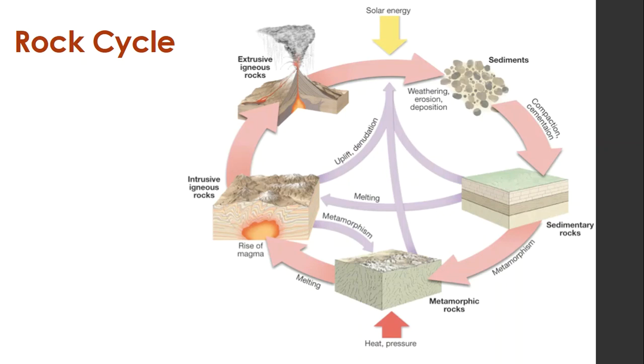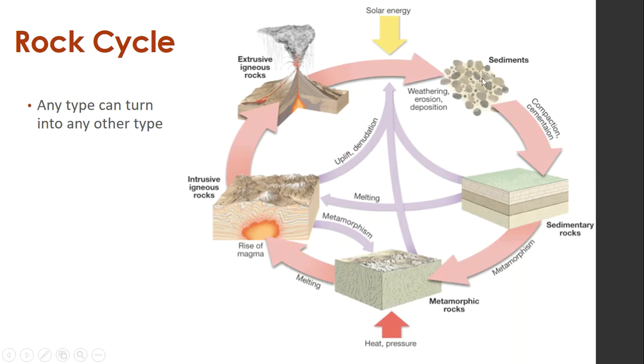And an important thing to understand about the rock cycle is that any type of rock can turn into any other type of rock. So the Earth is constantly erasing itself and remaking itself. It's a little bit like a giant Etch-a-Sketch. And again, this is over geologic time, a very, very long time.